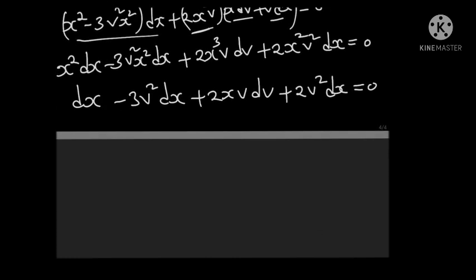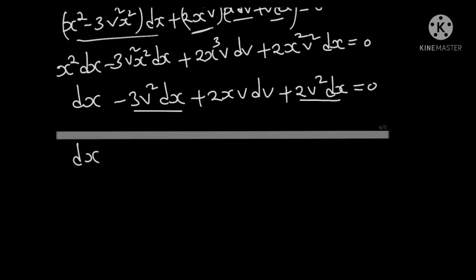Now, minus 3v squared dx and 2v squared dx are like terms, so we can add them. We get dx minus v squared dx plus 2xv dv equals 0.